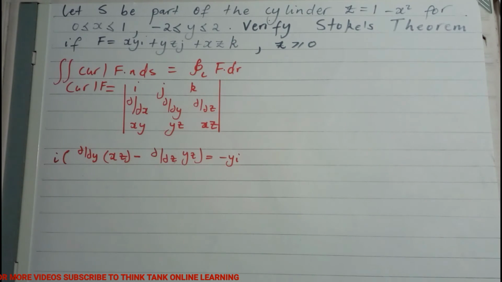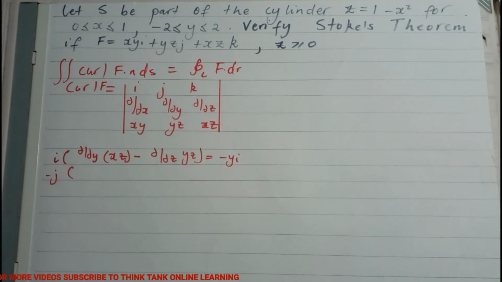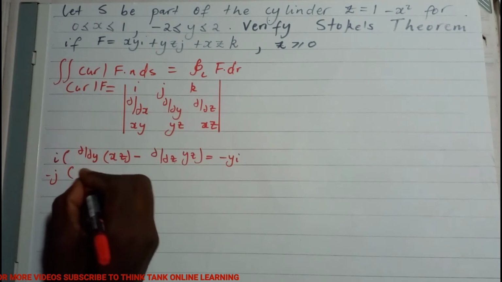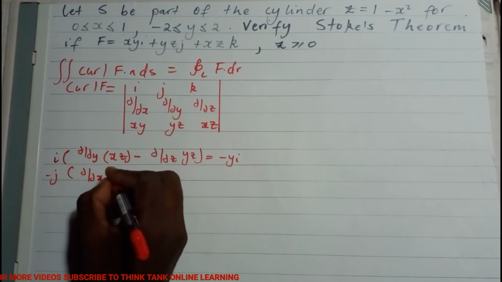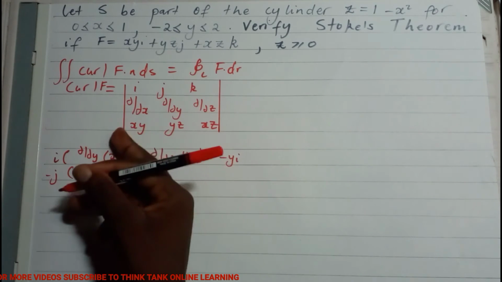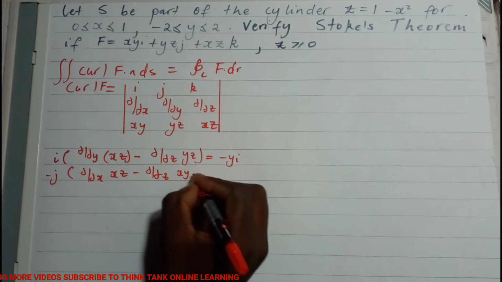Good. Then we're going to j, but we have to put a negative. This is the row for j, so I'm going to say partial x of xz minus partial z of xy.